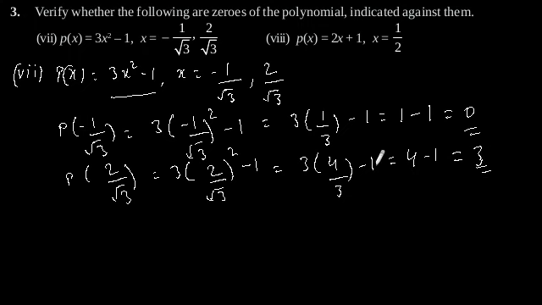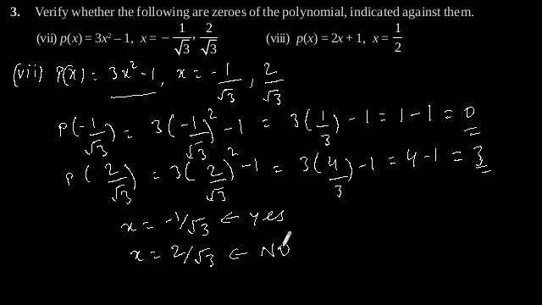So here we can say that x is equal to minus 1 by root 3 is a zero of the given polynomial. So the answer is yes. But x is equal to 2 by root 3 is not a zero of the given polynomial. So the answer is no.